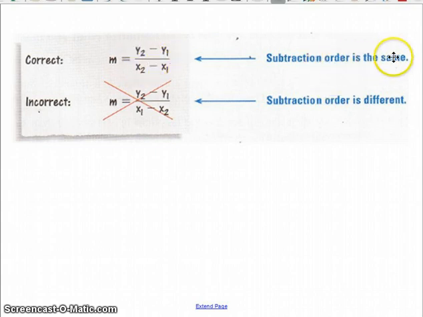As long as the order for y's is the same as the order for x's, you're fine. Incorrect, though, happens when you've got the y's done one way, y2 minus y1, but the x's done the backwards way, x1 minus x2. So make sure that you don't ever get the orders different. If you do, you're going to get an incorrect calculation for slope.